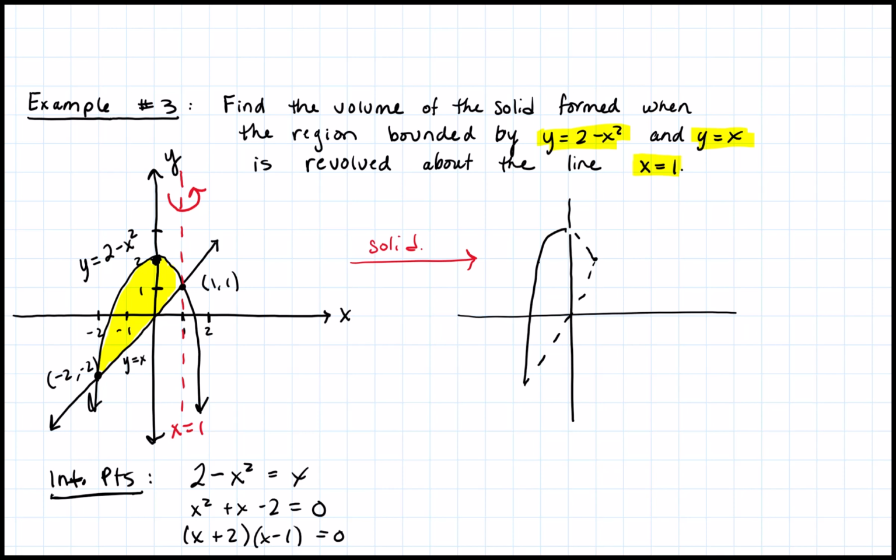And then we've got our axis of revolution. I'm going to draw it as a solid red line just so that it's easy to see. x equals 1 is my axis of revolution. And let's get this dashed out on the other side.